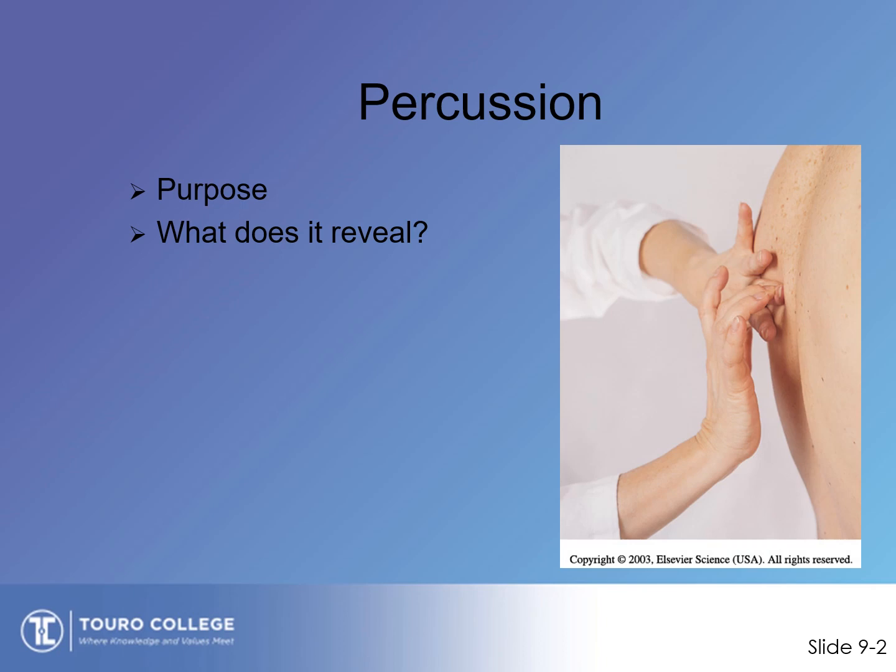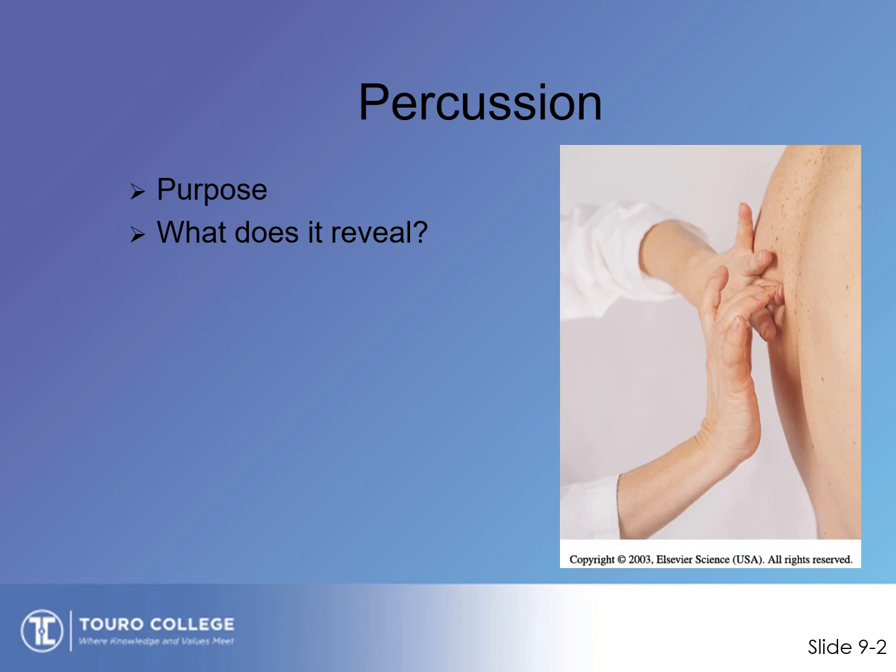So we use this to determine the size of the liver or the size of the spleen. This is also used to identify organ shape, position, if an organ is solid filled or fluid filled or gas filled, because you'll get a different tone with your percussion.